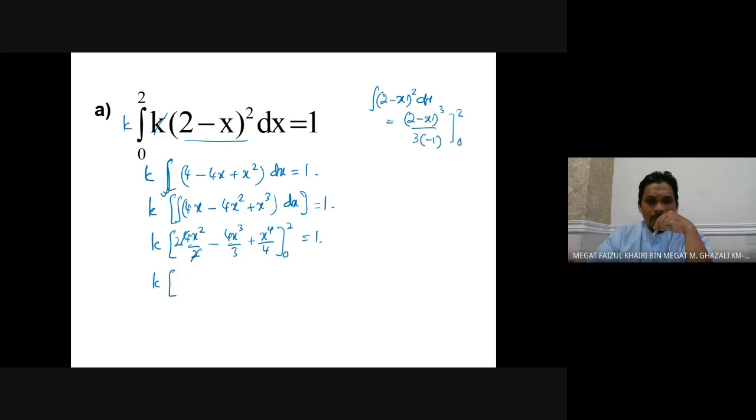Substitute x with 2 first. 2 squared equal to 4, 4 times 2 equal to 8, minus 4 times 8, 32 over 3, plus x to the power of 4: 2 to the power 4 is 16, 16 over 4 equal to 4.